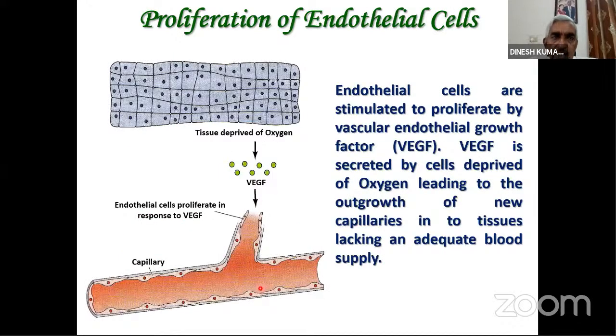There are certain cells where proliferation of endothelial cells is required, and these cells proliferate by a simple duplication process. For example, if there is any cut in the body, and in that area there is no continuous supply of blood, and the tissue is deprived of oxygen, then vascular endothelial growth factor is stimulated.